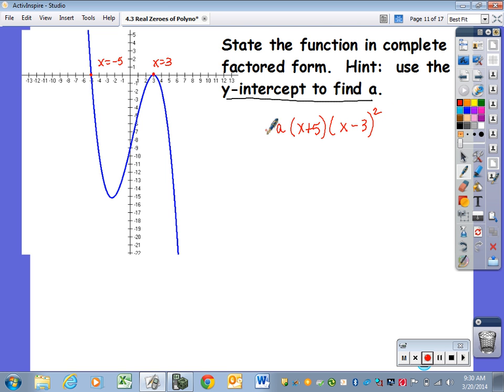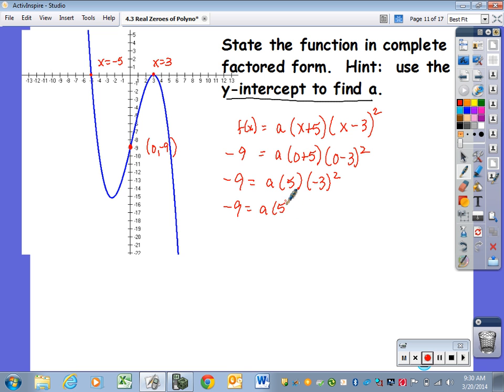I don't know what A is, and I'm looking. I have a y-intercept of (0, -9). So I put 0 in the x spot and -9 in the y. -9 equals A times 5 times the (-3) squared.